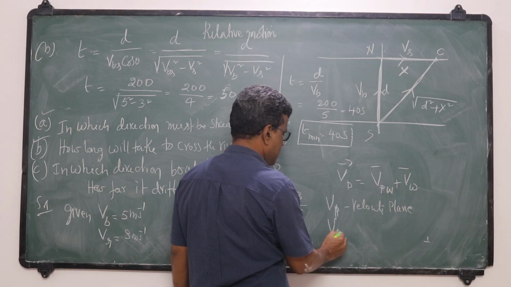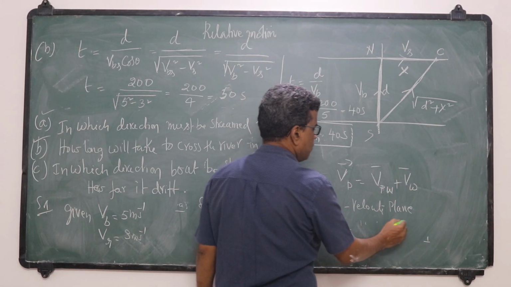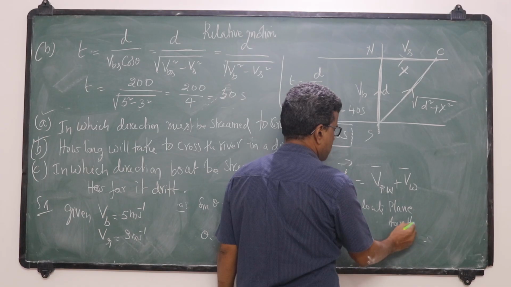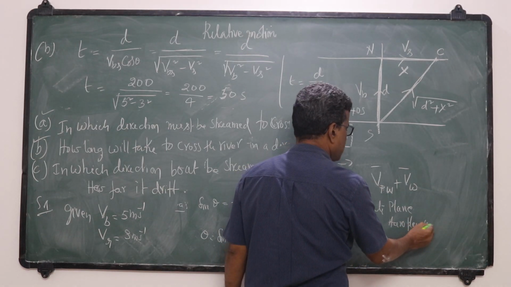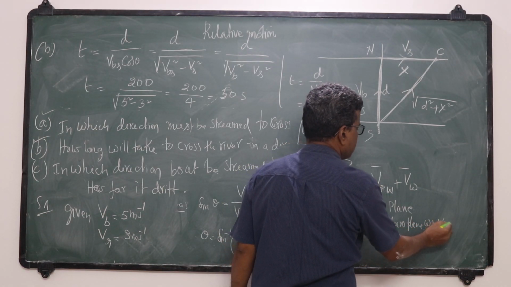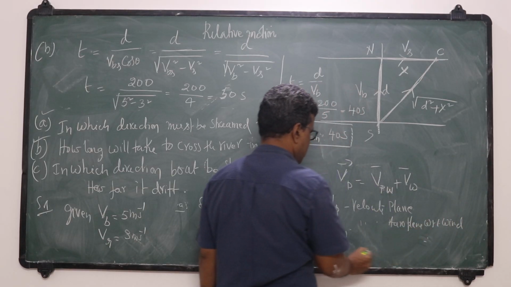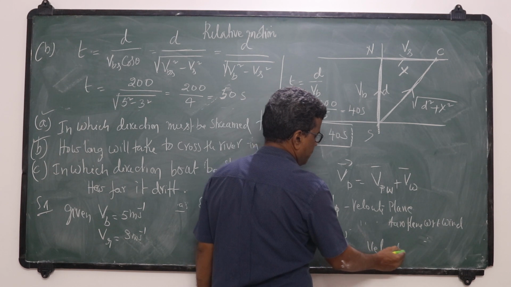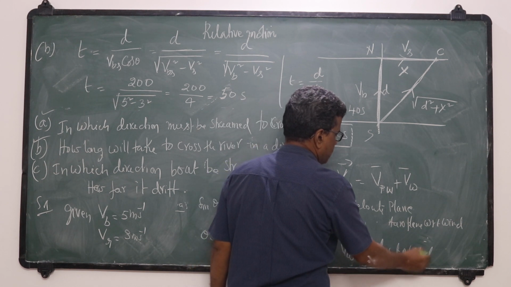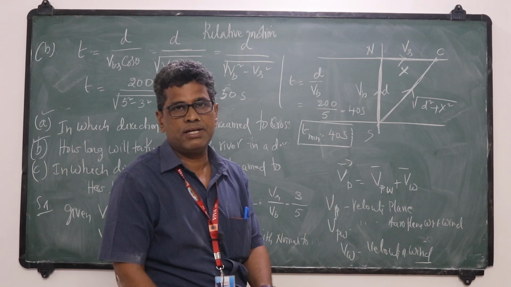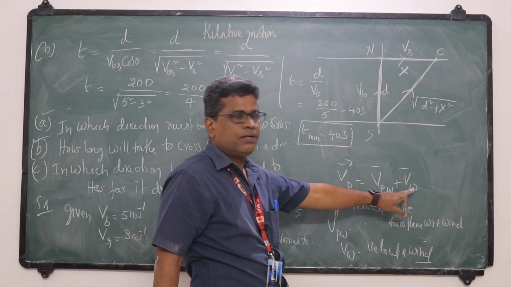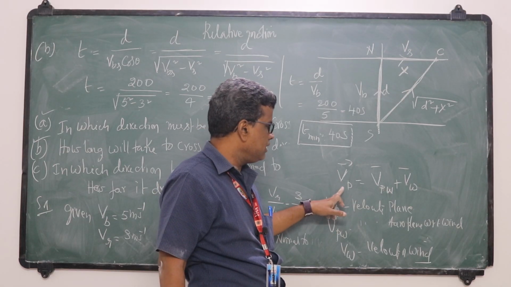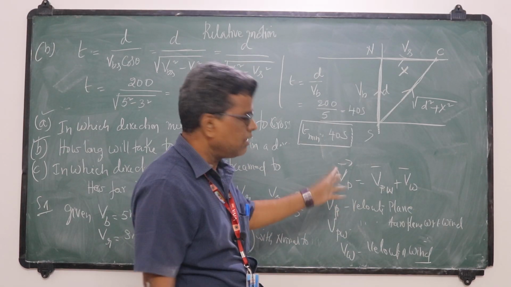What is Vp? Velocity of the plane, the aeroplane. What is Vpw? Velocity of the aeroplane with respect to wind. What is Vw? Velocity of wind. So the velocity of the boat is replaced with the velocity of wind, and the velocity of the aeroplane is the velocity of the boat. Similarly we can solve.